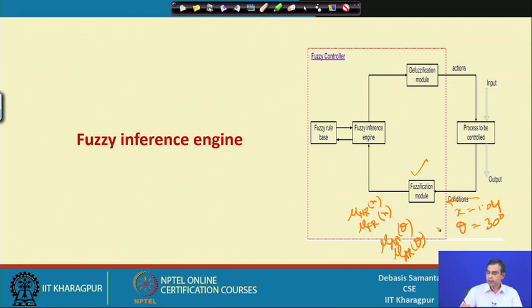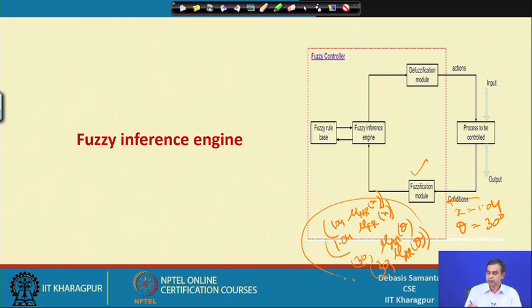So, these are the values. That means 1.04 is a fuzzy state, and similarly 30 degrees is a fuzzy state having the membership value. All these values will be used as an input to the fuzzy inference engine.